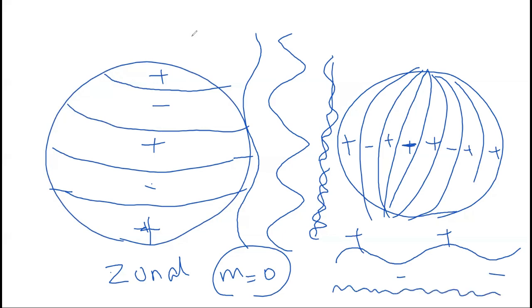This type of harmonics function is called sectorial. It means that when m equals n.